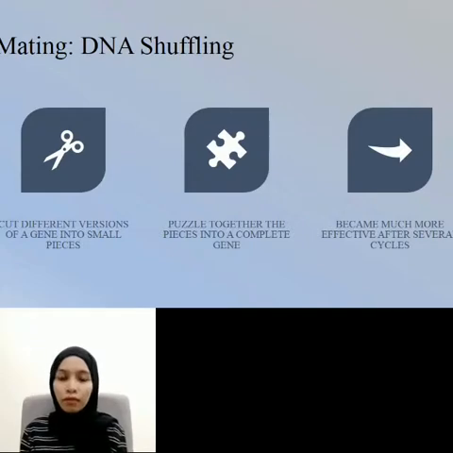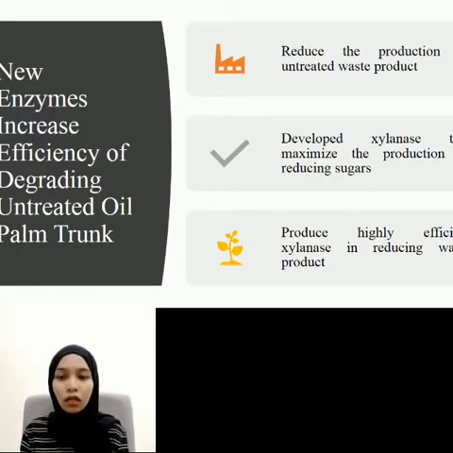Then, with the help of tools of DNA technology, the random fragments will be puzzled together into a complete recombinant gene. Using several cycles of DNA shuffling, we changed the enzyme so that it became much more effective than the original one. This recombinant can result in an even more efficient enzyme.